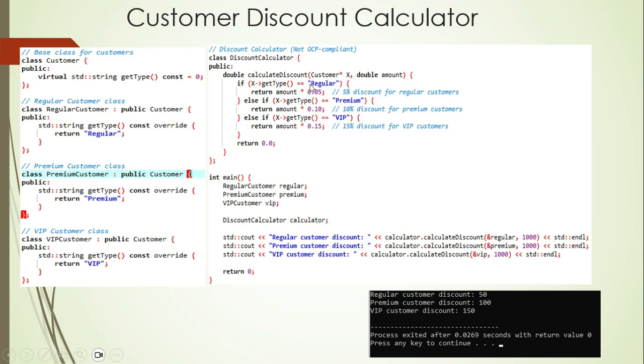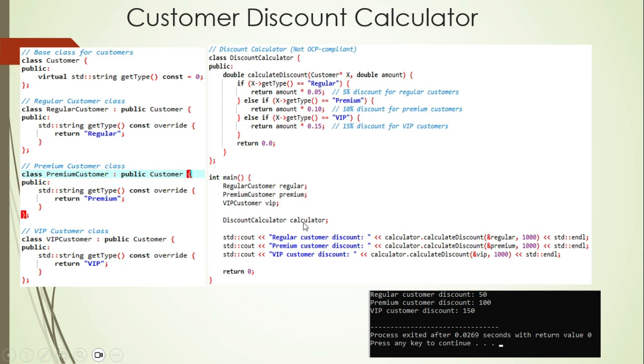If the type of this customer is regular, this amount will be paid, and if it is premium, this will be given, and if it is VIP, this will be given. And then we have int main. We have these three instances belonging to these three different customers, and then we have discount calculator.